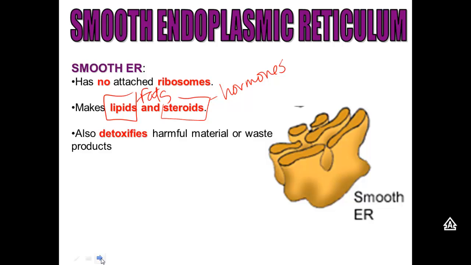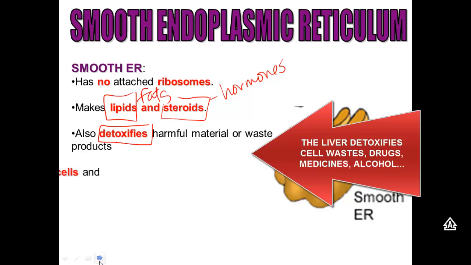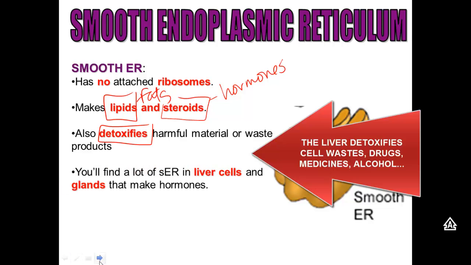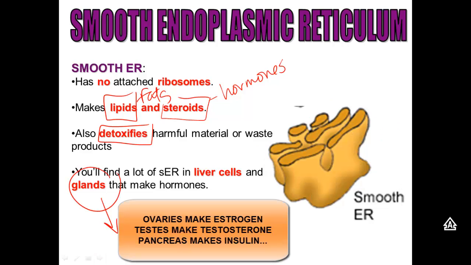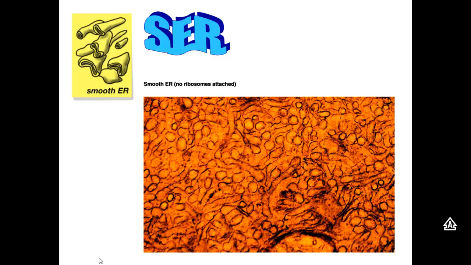And the other thing that is very unique about the smooth ER is that it detoxifies harmful wastes. And that's why we find a lot of smooth ER in the liver. We also find a lot of smooth ER anywhere that you're making hormones, and those are called glands. Here's a picture of smooth ER. See, it looks quite different, but you can still see these tubes.